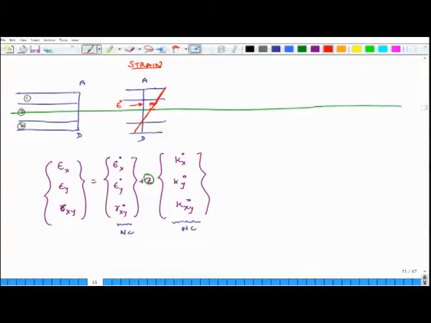The second thing we have to understand is how Q varies. So, this is again AD and these are the 3 layers.